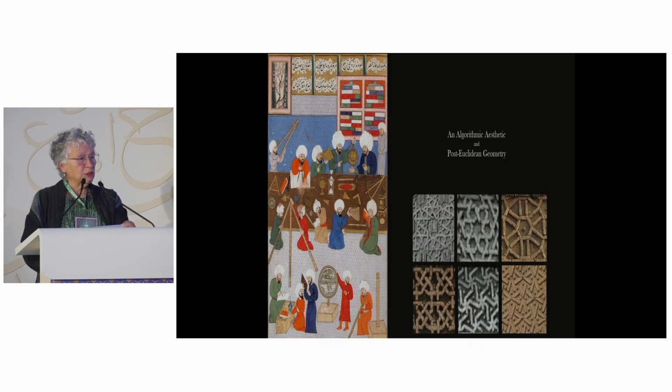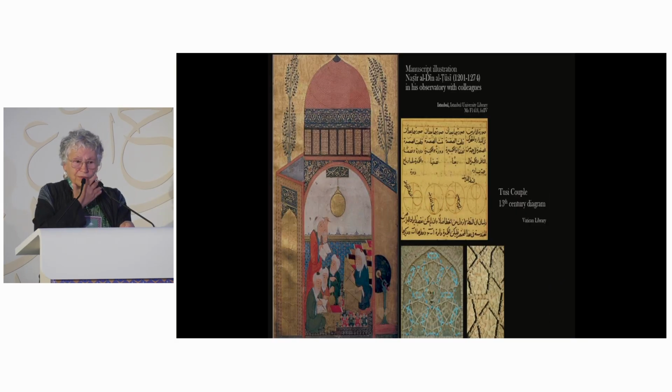The arguments expanded upon both in my paper for this conference and in my book focus on periodic patterns in the plane and what we now call quasi-periodic patterns, which comprise Islamic architectural ornament from the 11th century onward.